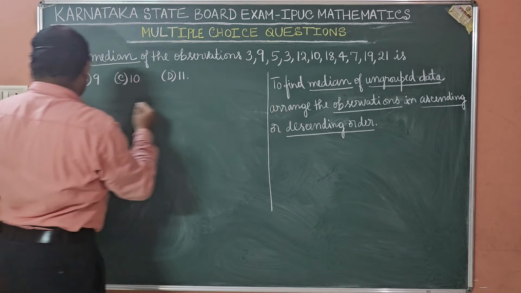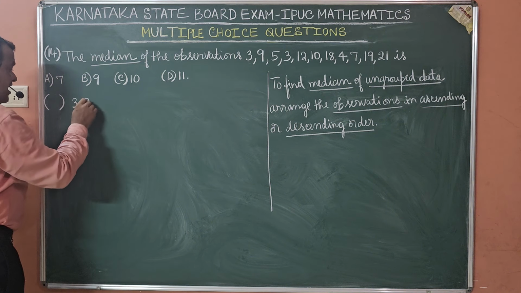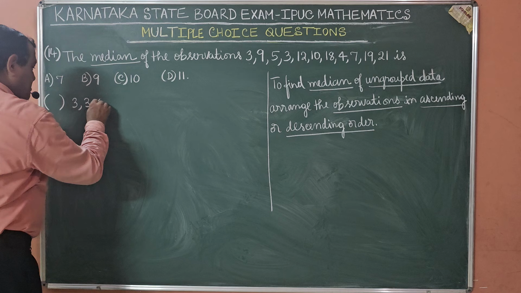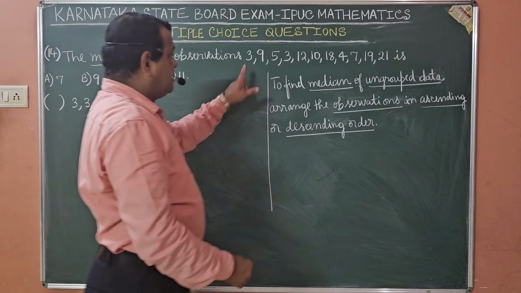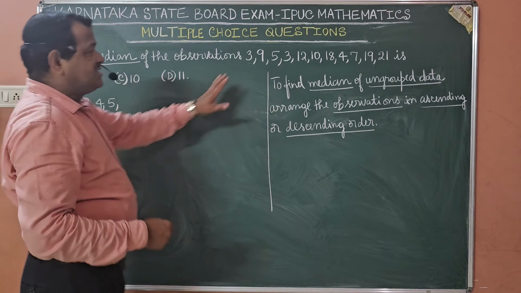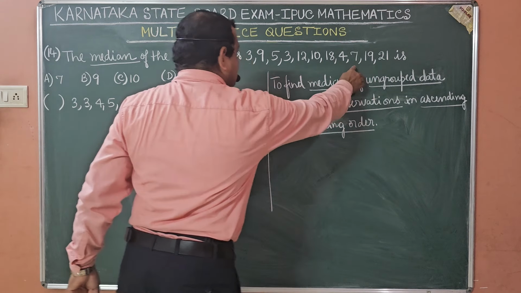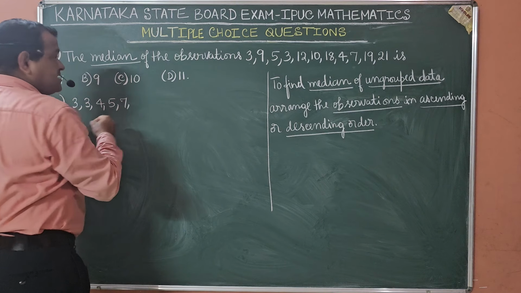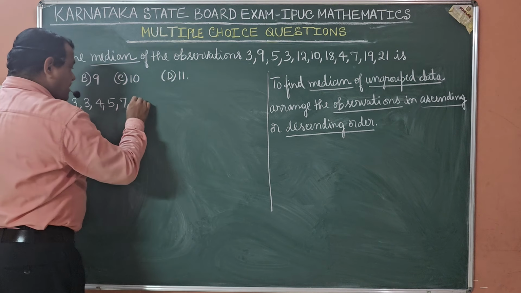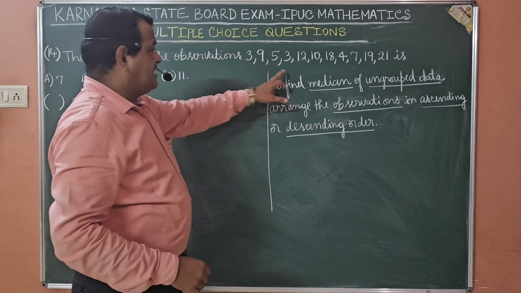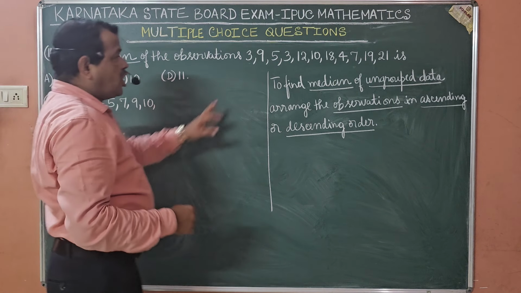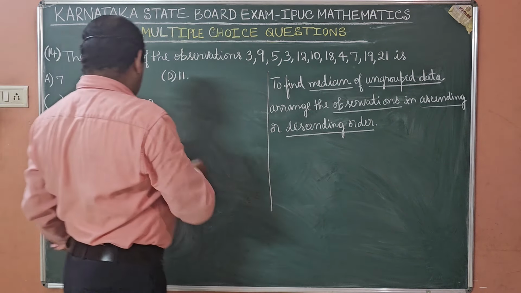Therefore, 3 is the smallest one, 3, again there is 3, then we have 4 here, then 5, and after 5 there is no 6, but there is 7. We do not have 8, but we have 9, appearing only once. Then I have 10. After 10, I do not have 11, but I have 12.